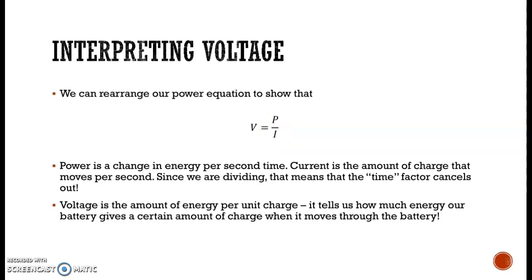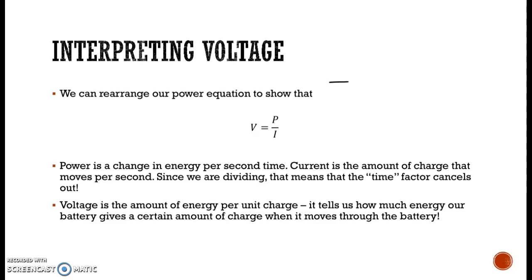It's power divided by current. Since power is a change in energy per second, and current is the amount of charge that moves per second, when we divide those, the time piece of each of them cancels out, right?